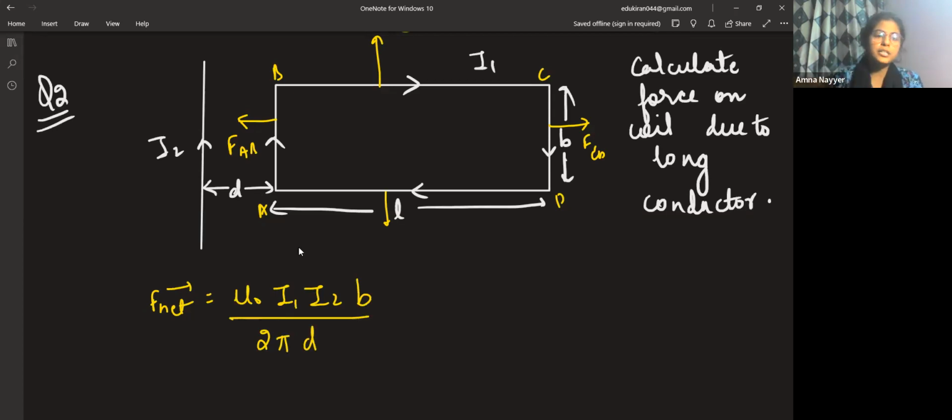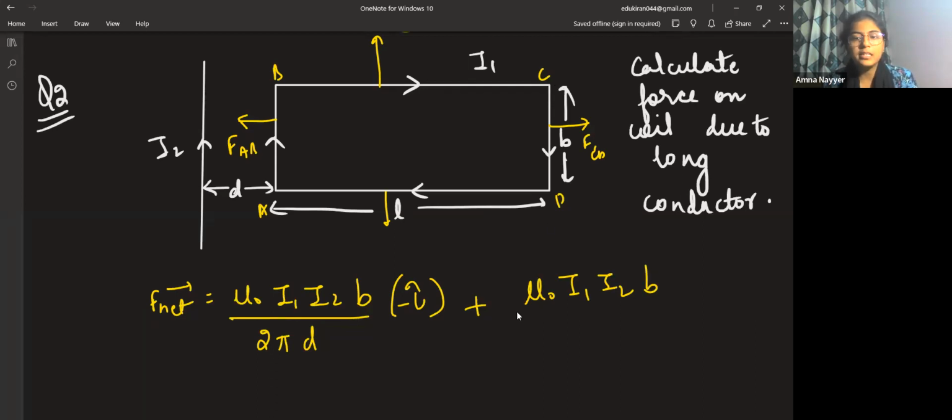What is the direction? Negative x-axis, minus i cap. Plus, talk about this wire CD: mu naught, current I1, second current of this wire I2, length b, divided by 2 pi.